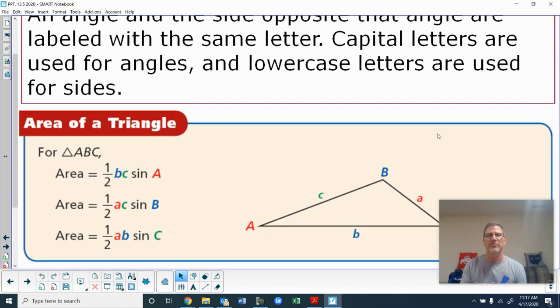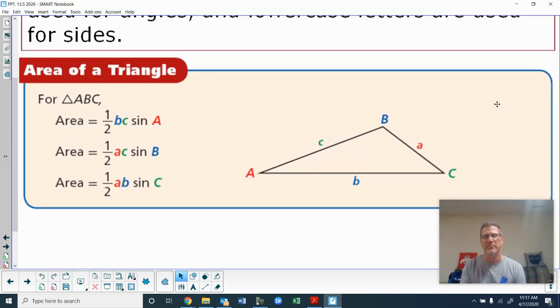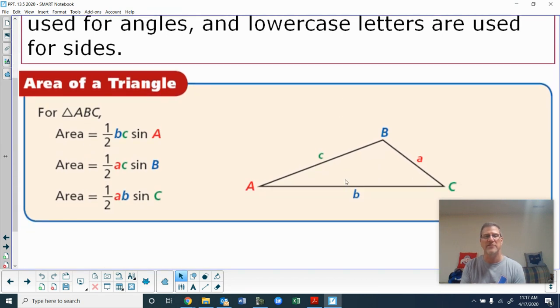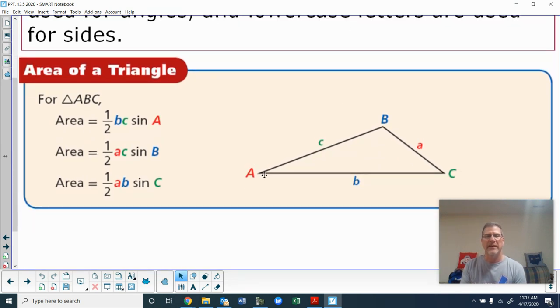All right. So when you draw these triangles, this is very important. The capital letters represent angles and the lowercase letters represent the sides. So in this picture, angle A, capital A, its corresponding side, side A, is always straight across or opposite from it. So that's why the little a is over here, lowercase a.